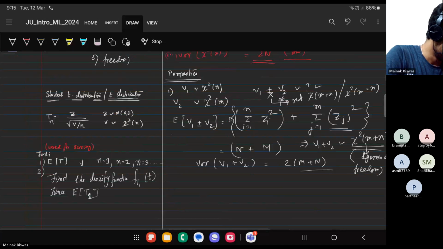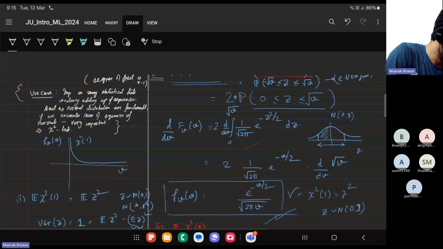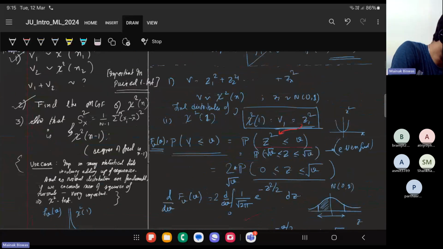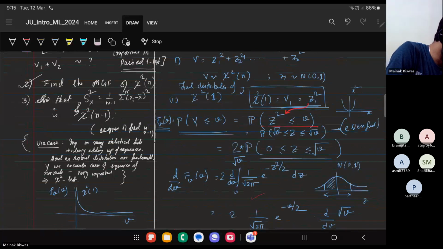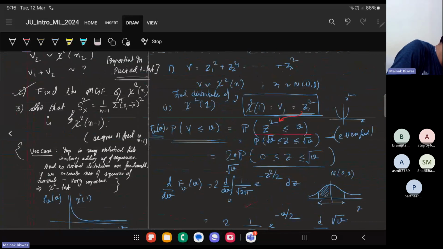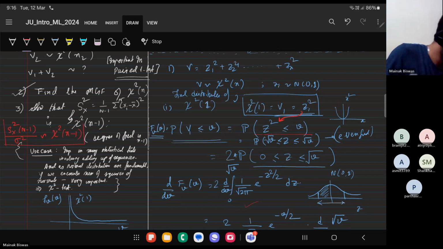So what is the property that we found? Let me write it in red ink somewhere here. Sx squared times n minus 1 by sigma squared is distributed as chi square n minus 1. Is it okay?